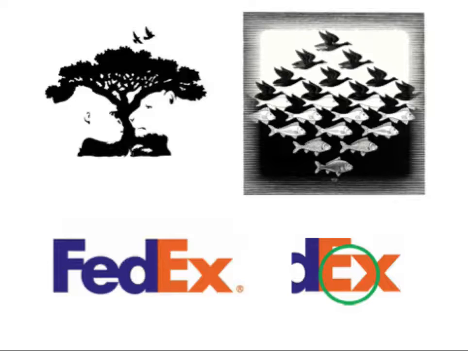If you look on the right, zoomed in here, we see a little arrow in between the E and the X that's made with the negative shape, the positive shape being the E and the X. It's a clever little example of using an arrow, which is a pretty good basic sign to use for a shipping company, and moving something forward. The final example, up here in the top right, is from a real master of this particular dynamic. His name was M.C.